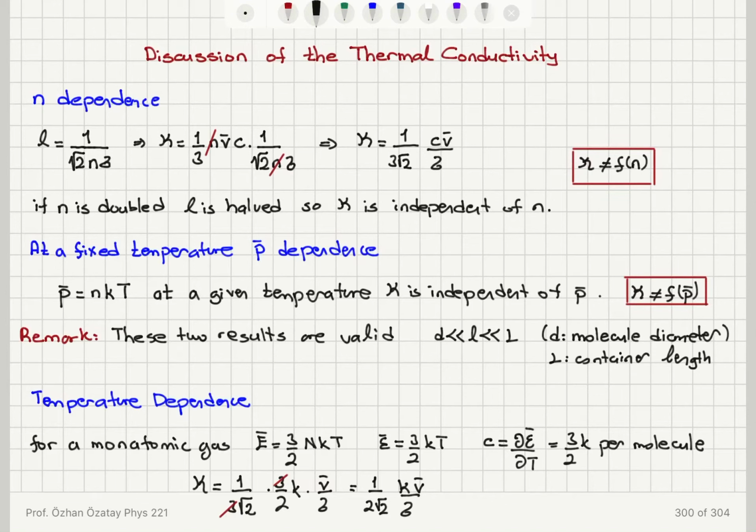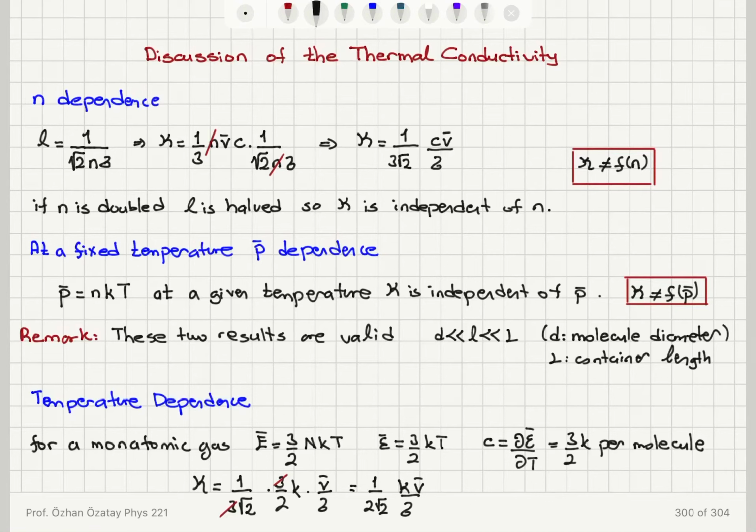At a fixed temperature, P bar is directly proportional to n, so kappa is also independent of the mean pressure of the gas. But the remark is that the mean free path should be 1 over square root 2 n sigma. If n is too small, if we approach the vacuum limit, the mean free path approaches the container length. In that case, L would saturate at the container length capital L, and you would have a dependence on P bar and n. So that's a detail for the limit of very low concentration and very low pressure.